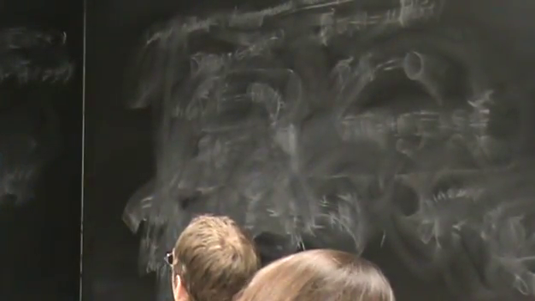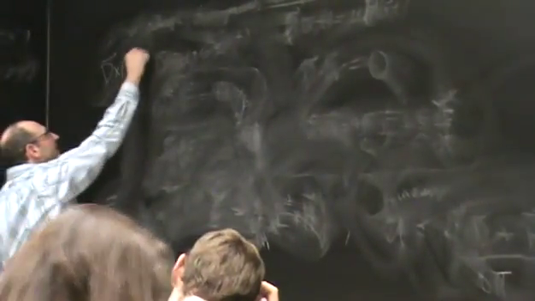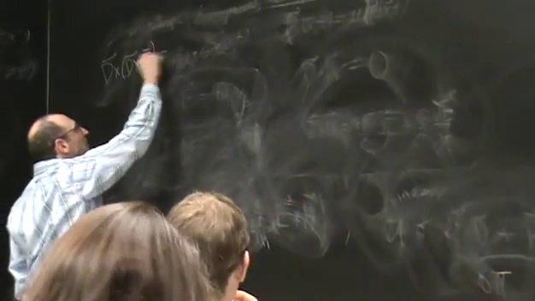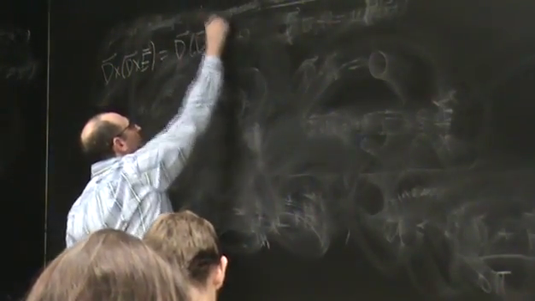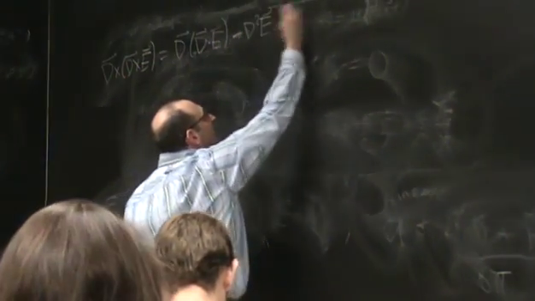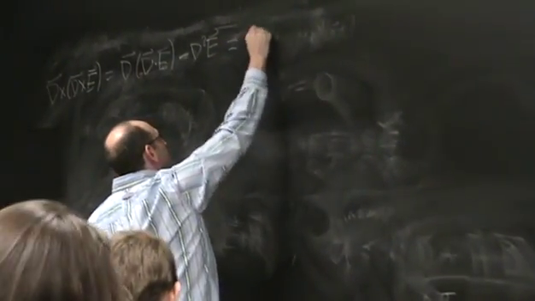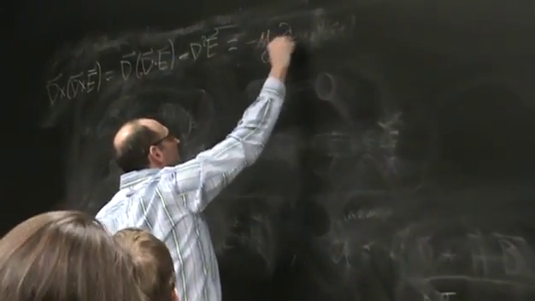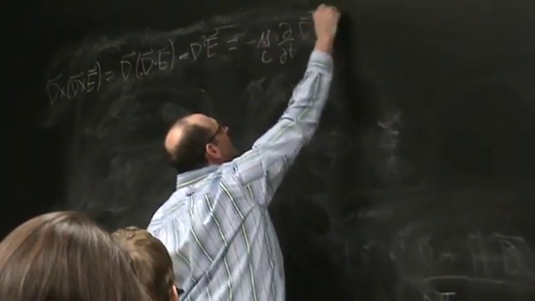All right, let's take the curl. So curl of the curl of E is equal to the gradient of the divergence minus the Laplacian, is equal to minus mu over c d/dt of the curl of H.